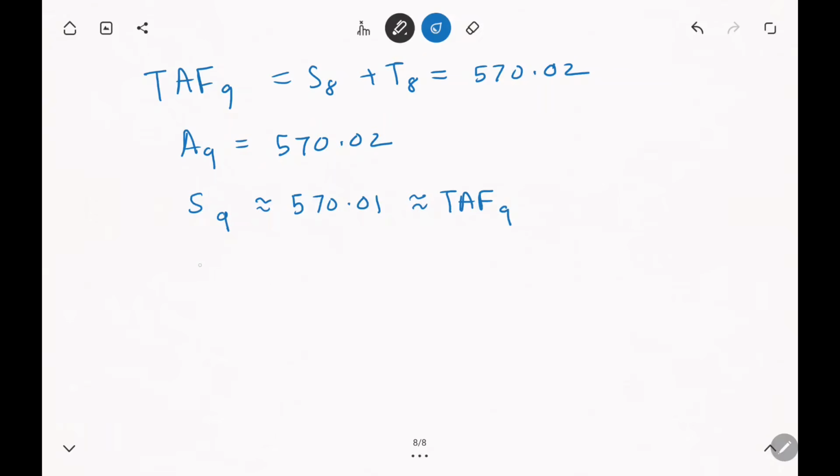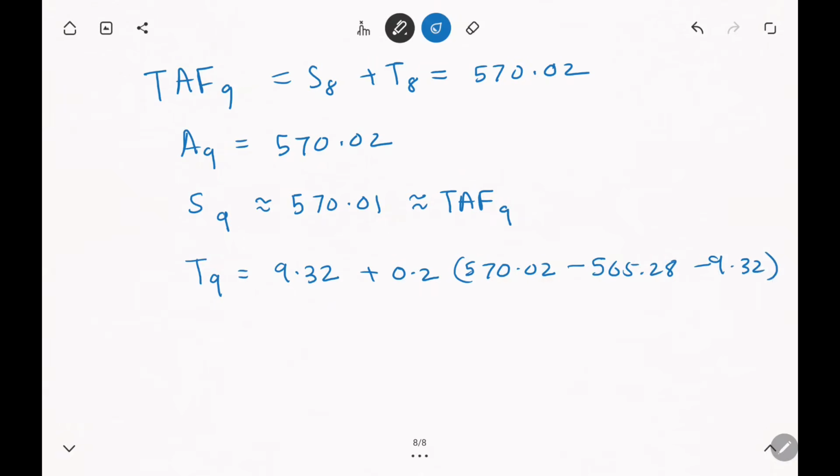So 570.01. And for the trend update, the trend decreases this time significantly because the increase between S8 and S9 is smaller than what the previous trend predicted. So therefore, the trend value will now decrease to 8.41.